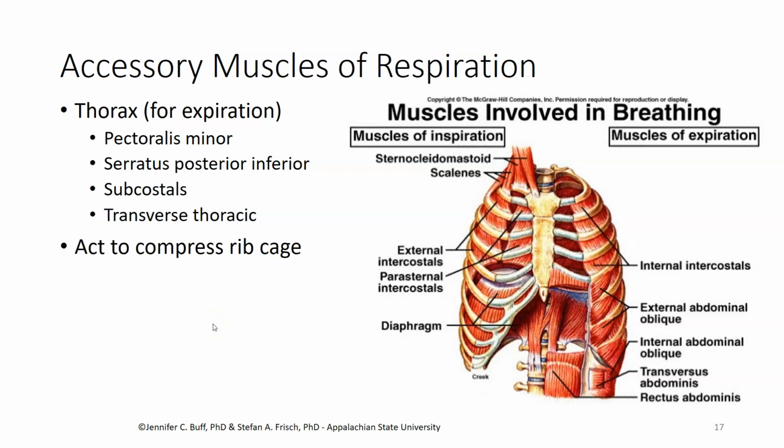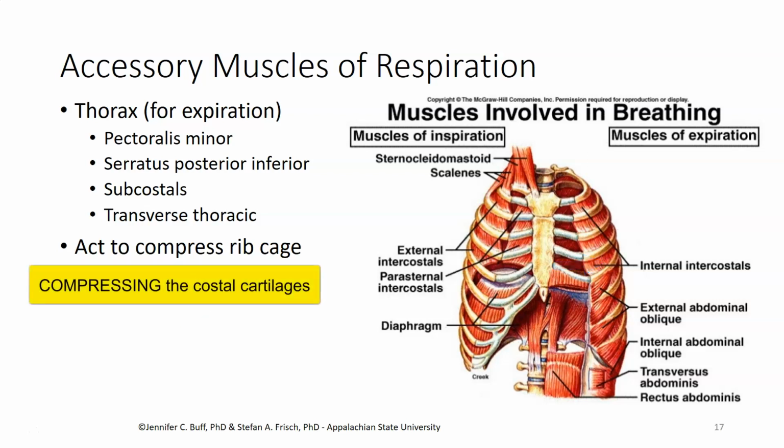The subcostal muscles, which are similar to the internal intercostals, running from a rib to 2 or 3 ribs below in the inferior part of the rib cage. The transverse thoracic muscle runs from the inner side of the sternum and courses out to the ribs and works directly against expansion of the rib cage by stretching the costal cartilages.